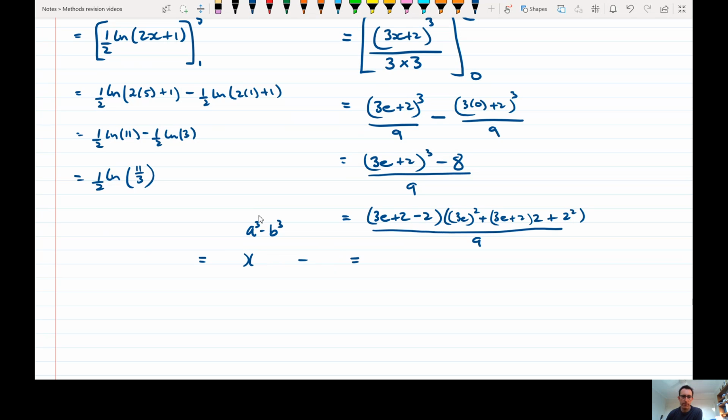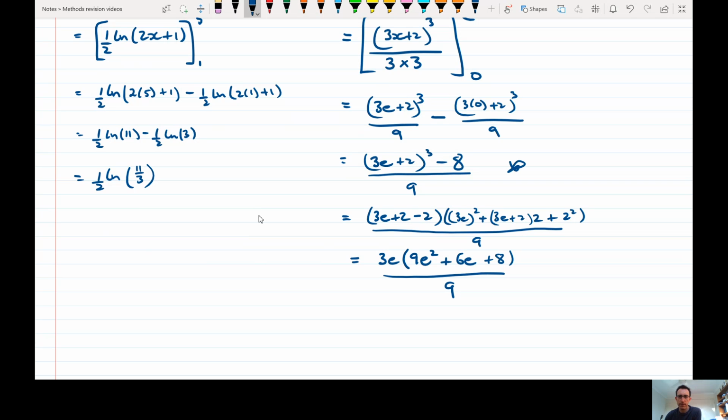And then we simplify from there. 2 minus 2 is 0, so you end up with 3e coming out the front. 9e squared. 2 times 3e is 6e. 2 squared is 4. And another 2 times 2 is another 4, so it's plus 8, all over 9.